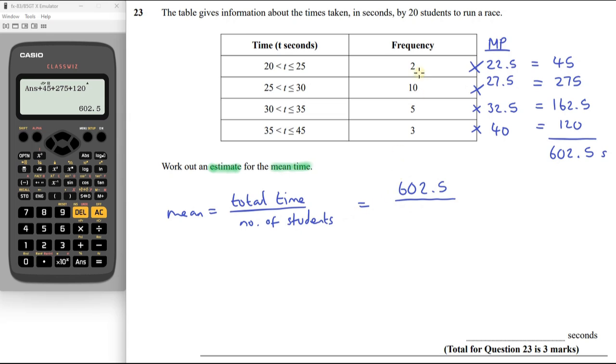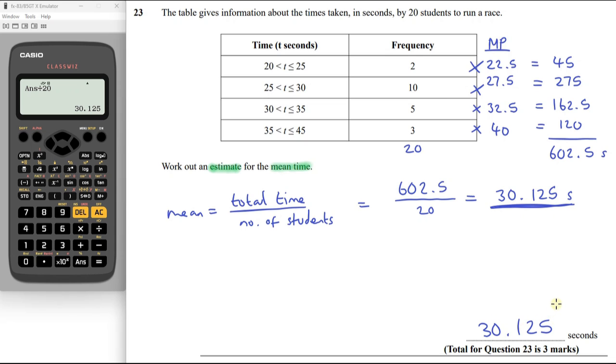The total number of students, we know there's 20 students. And if we're not told about that, we can just add up the frequencies to give us 20. So we're going to do 602.5 divided by 20. And we get 30.125 seconds. So that is going to be my answer.